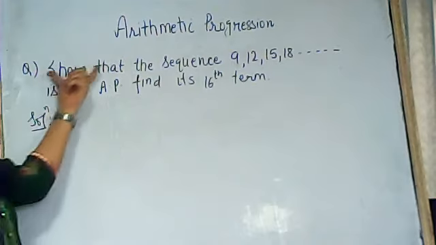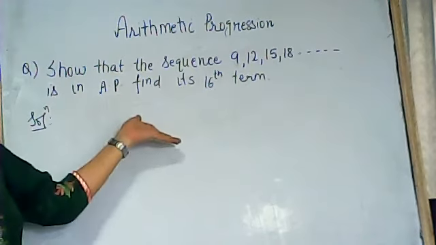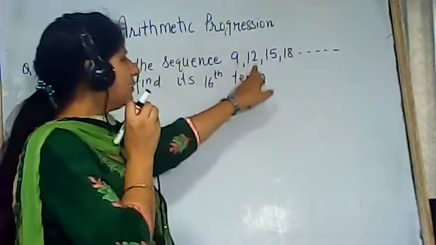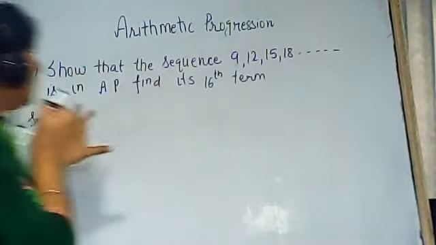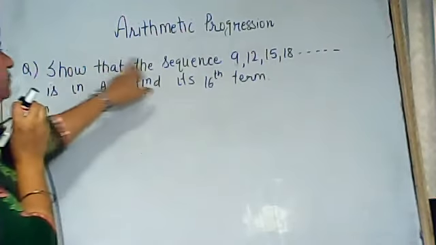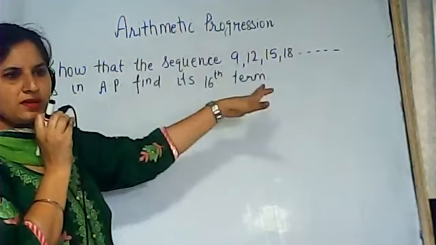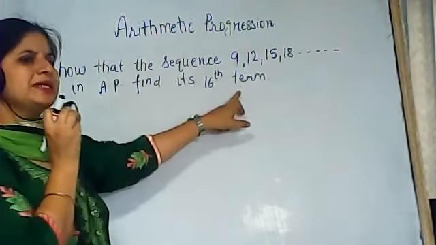So first of all, let us have a look at the statement. What is given and what we want to calculate. We are given a sequence 9, 12, 15, 18 and so on. First of all, we have to check whether the given sequence is in AP or not. And the second part, we also want to calculate its 16th term.